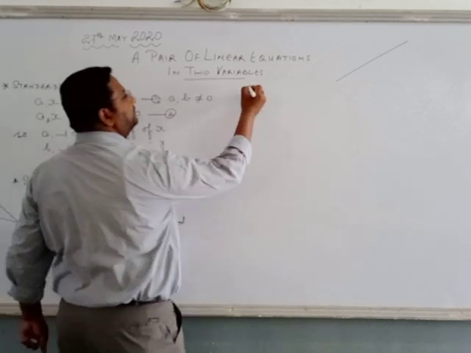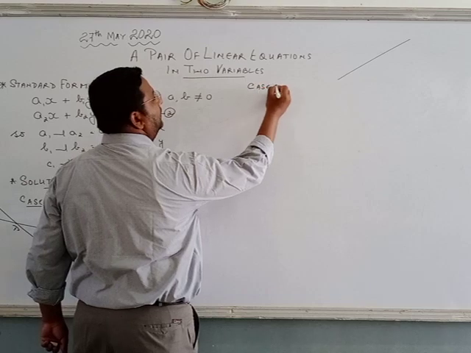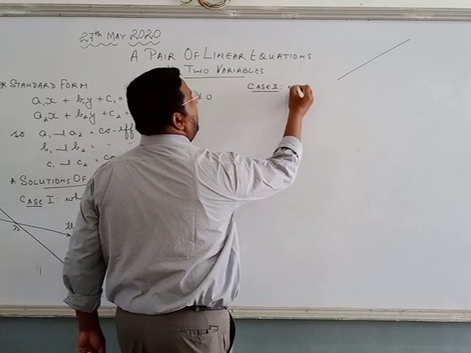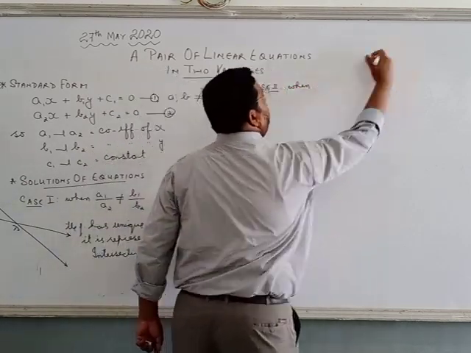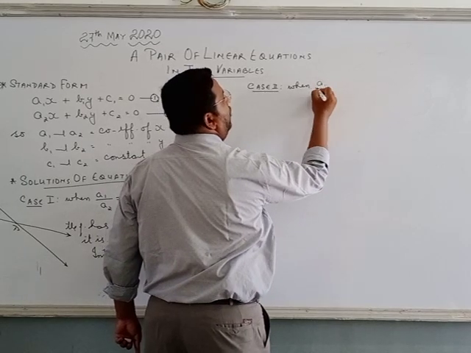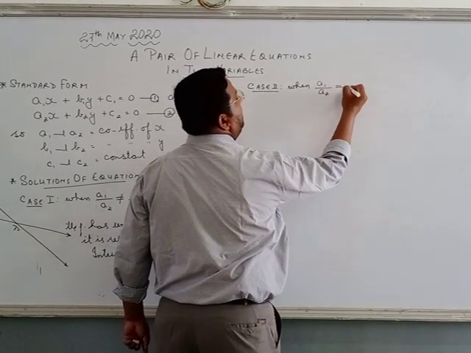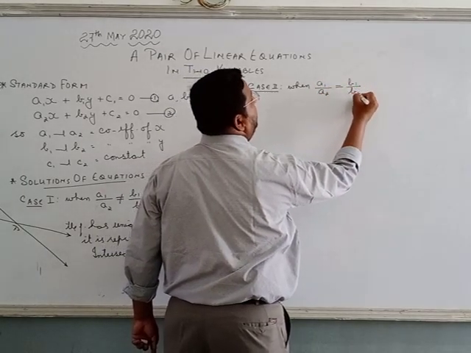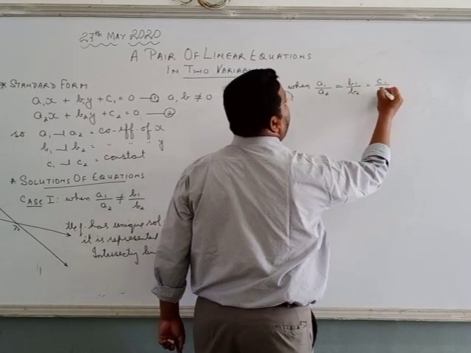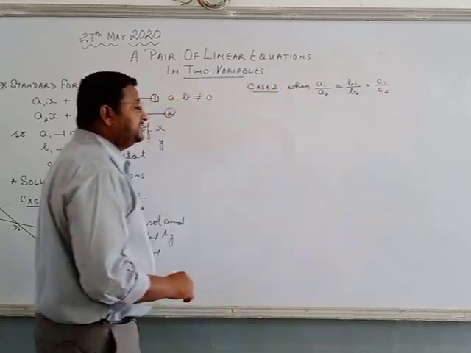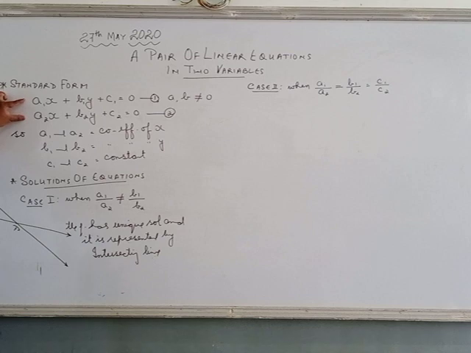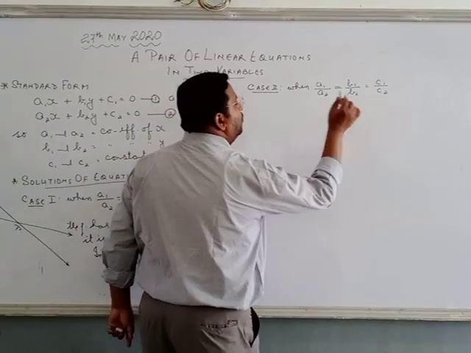Case second, when a1 upon a2 is equal to b1 upon b2 is equal to c1 upon c2. That is, the ratio of the coefficient of x, the ratio of the coefficient of y, and the constant terms are equal.